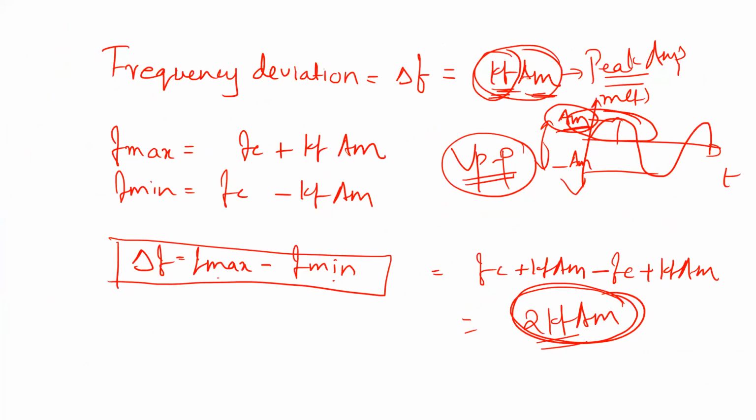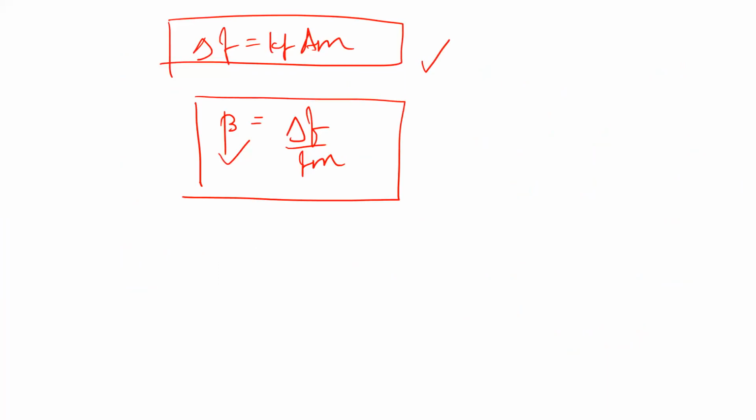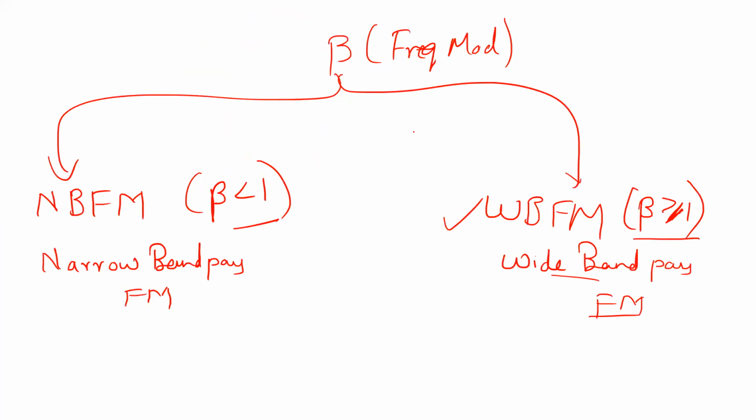What is the frequency deviation? Frequency deviation is given as del f, which is Kf into Am. Beta, the modulation index for frequency modulation, is given as del f by fm. Any doubts?